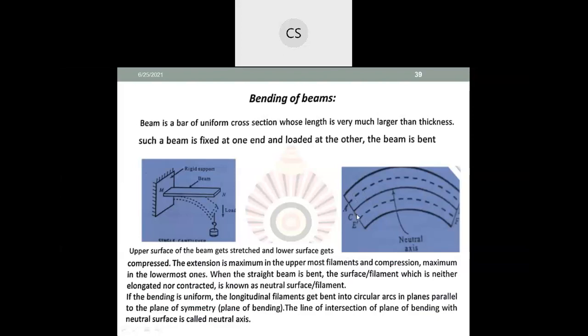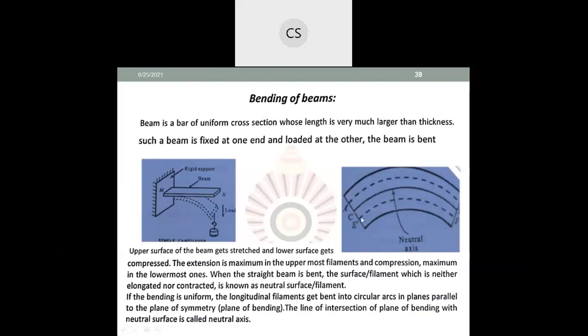That means the filaments get compressed. The lower filaments get compressed. The middle one, which neither gets extended nor contracted, is known as the neutral filament.